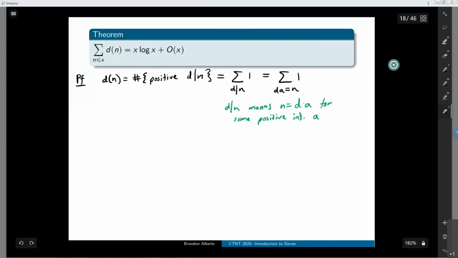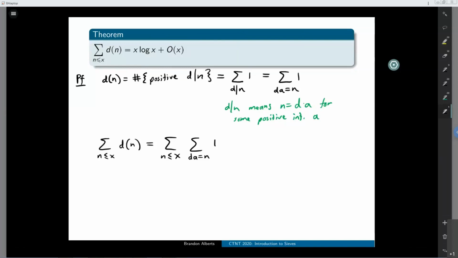Writing the sum like this is going to be convenient for actually figuring out and evaluating what's going on with this partial sum. So we set up the partial sum for n less than or equal to x of the divisor function. So we plug in, we know that this is the sum over all the ways you can factor n as a product of two integers of 1.